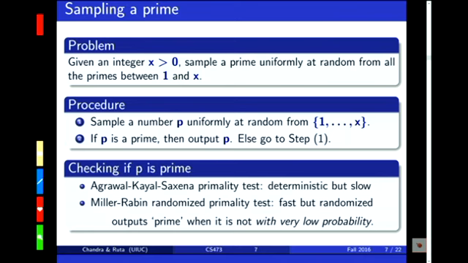And for that, there are 2 possible methods. One is the deterministic but slow method, by Agrawal, Kayal, Saxena. This is one of the very celebrated results. And the other is the Miller-Rabin randomized primality test. This came before the AKS algorithm. This is very fast, but it is randomized, so it may make some error. So what kind of error?